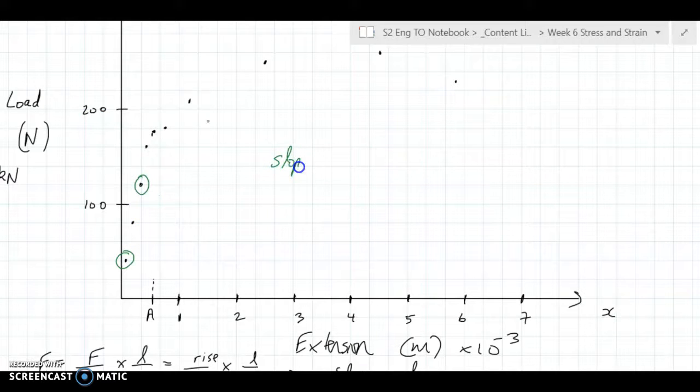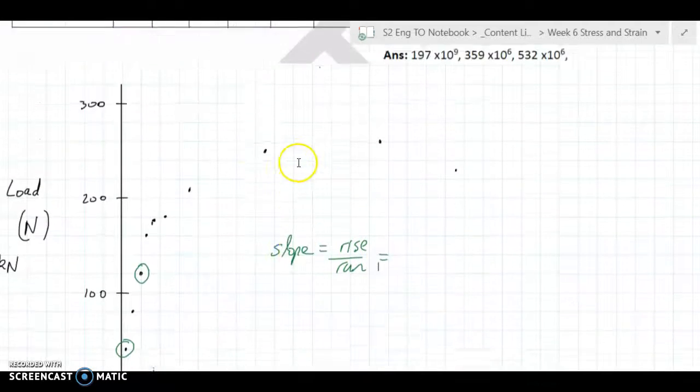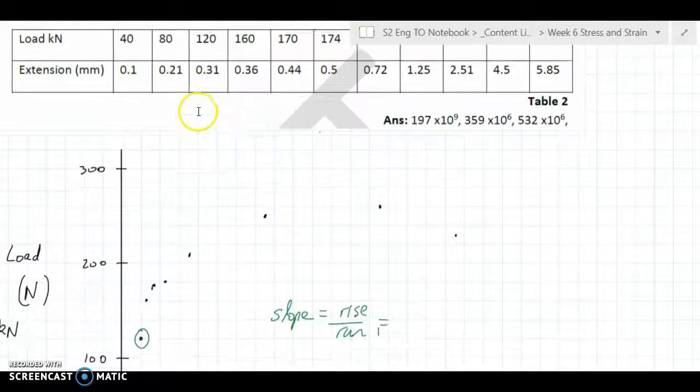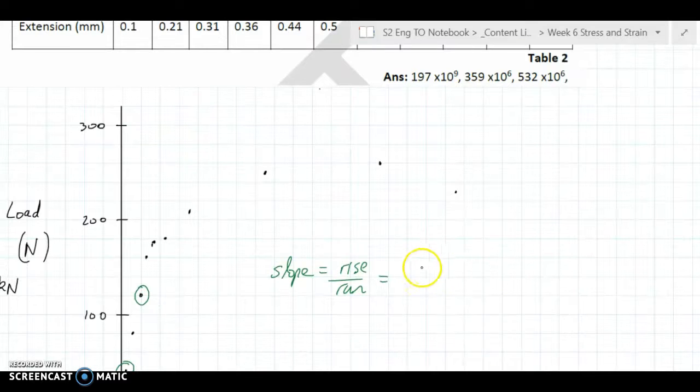So the slope would be equal to the rise divided by the run, right? And from the first point to the third point, the rise goes from 40,000 to 120,000, so the rise is 80,000 newtons.